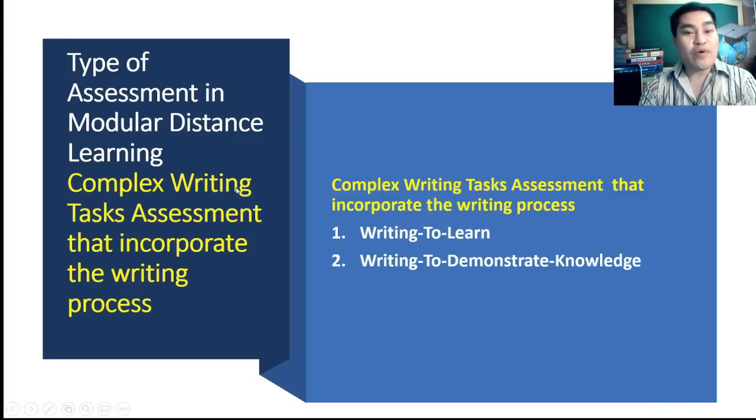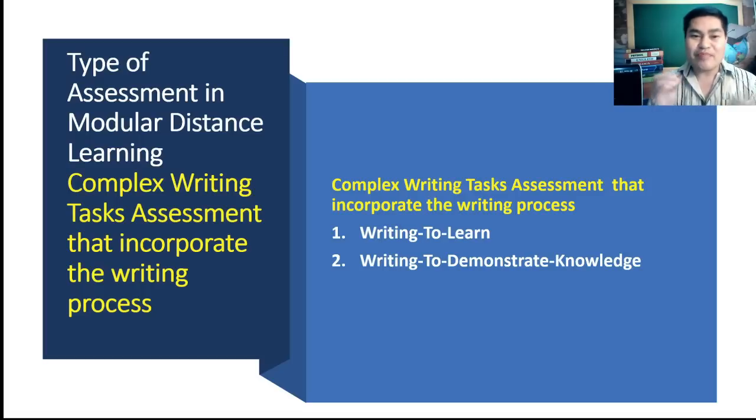And the last type of assessment that you can incorporate in your module making is the complex writing task assessment that incorporates the writing process. This is our focus for today. We will ask students to incorporate writing in the module.